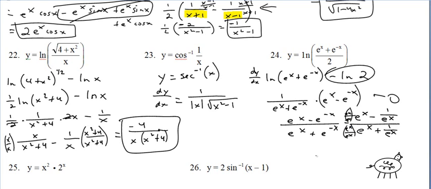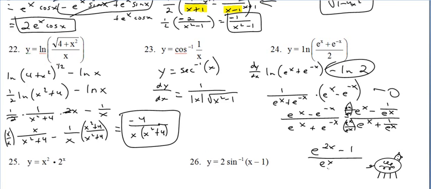So I end up getting e to the x times e to the x is e to the 2x, right? When you multiply, you add exponents, so x plus x is 2x. So e to the 2x, and that's going to be e to the 2x minus 1 over e to the x.